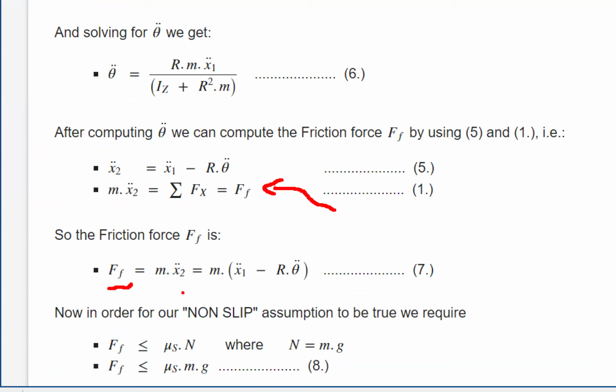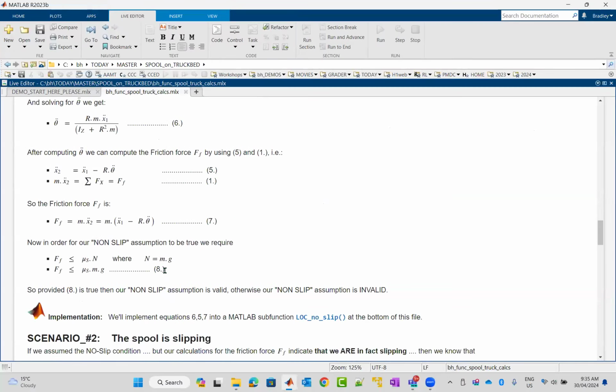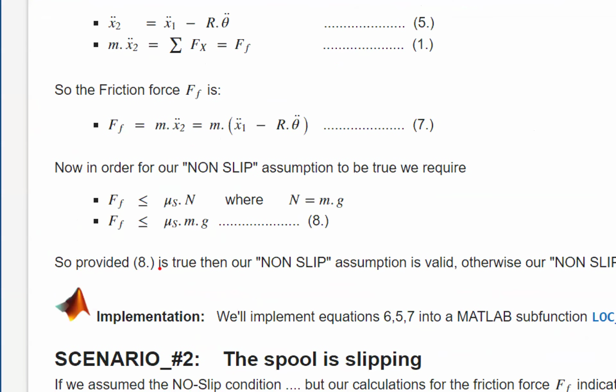Now, you already know from perhaps even first year that the friction force of a body that does not slide is related to the static coefficient of friction. And that static coefficient of friction, when multiplied by the normal force, gives us the active friction force.